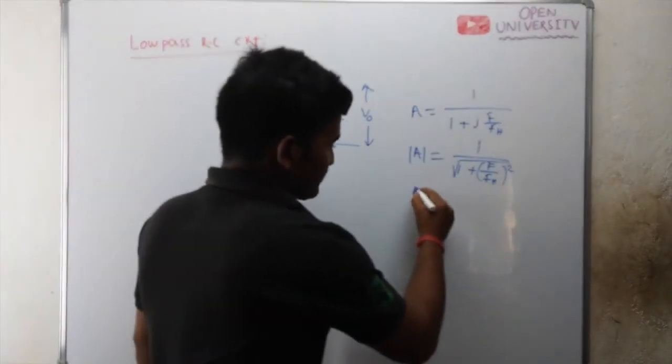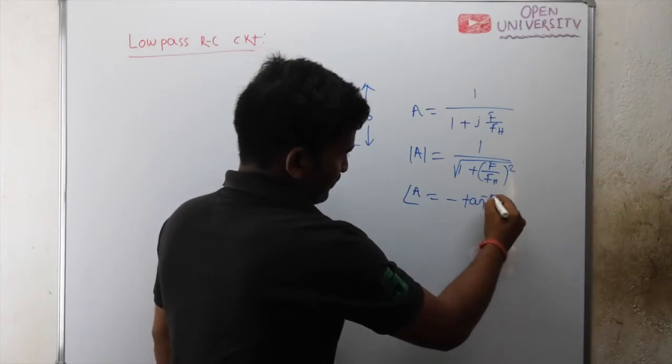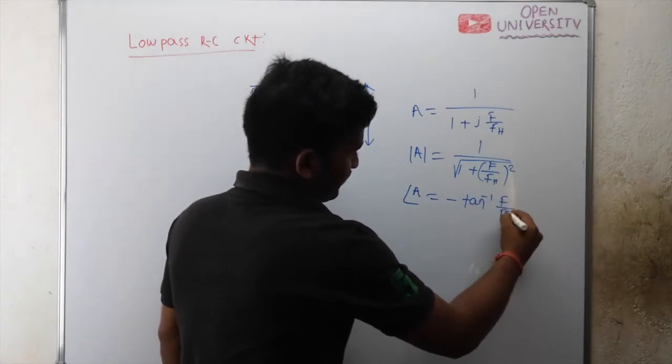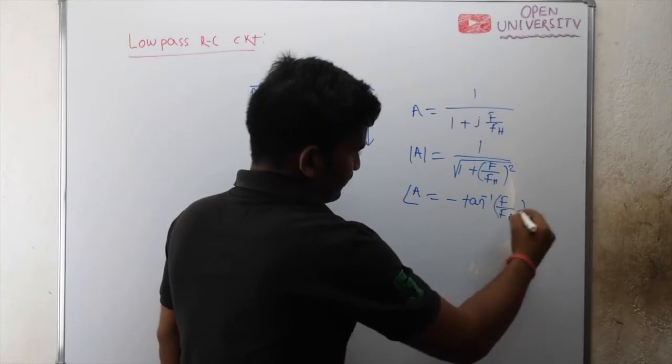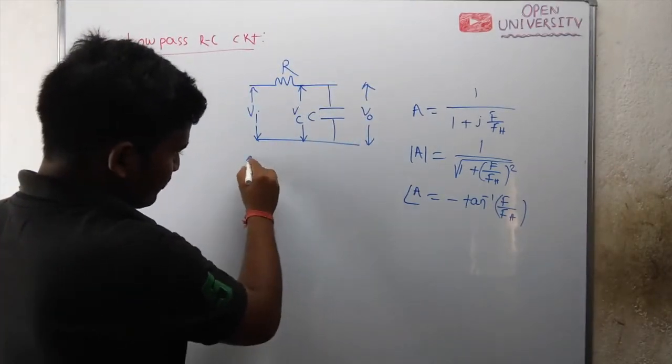Then the phase of the gain was minus tan inverse f by fh.